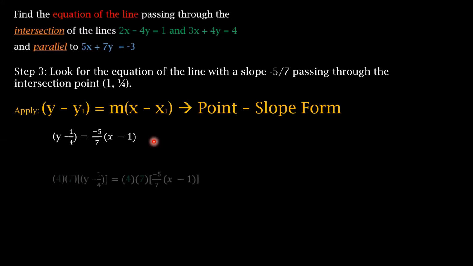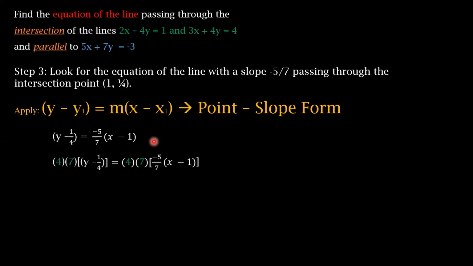In this case, we would multiply the 4 and 7 to both sides of the equation for us to be able to eliminate fraction. So first is 4 times 7 times y. That would give us 28y.